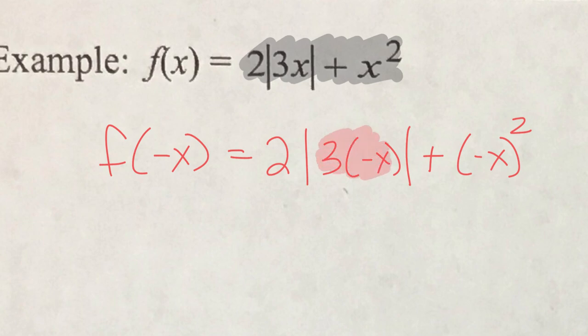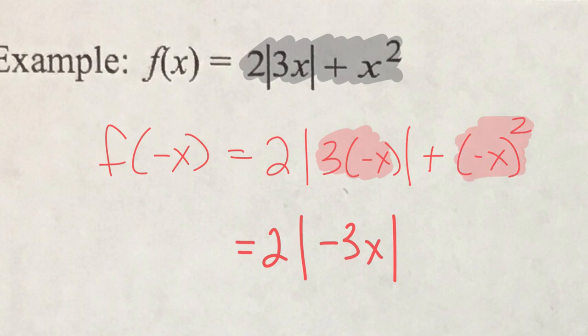What is 3 times negative x? Negative 3x. So this is 2 negative 3x. And then what's negative x raised to the second power when I simplify it? That's the same as positive x squared. So a negative x raised to a power is the same as the positive.